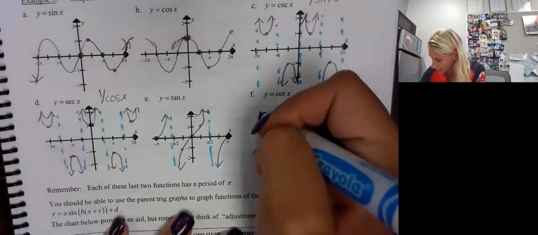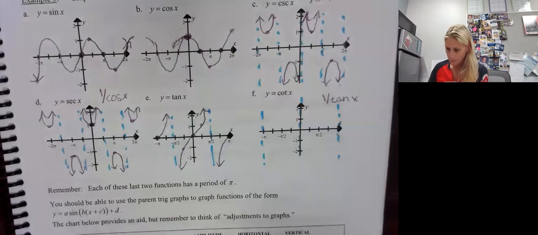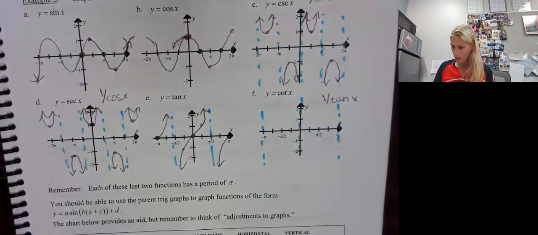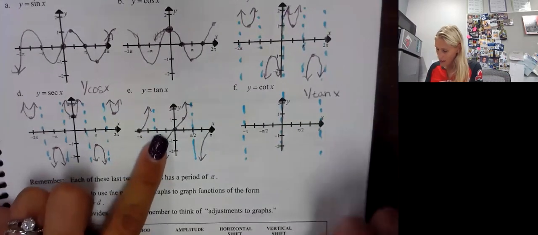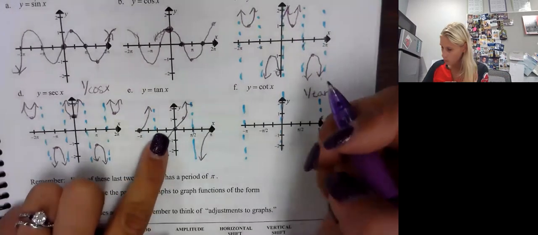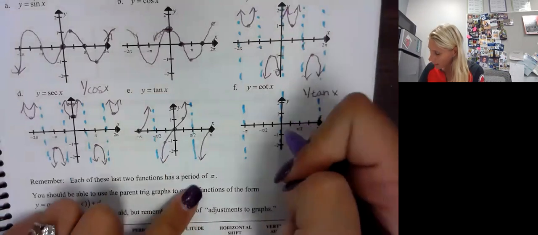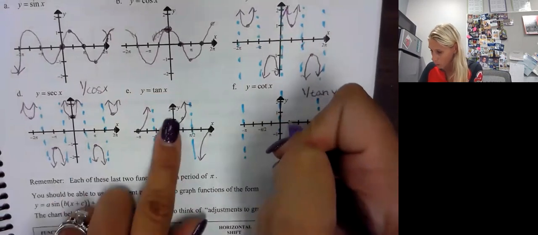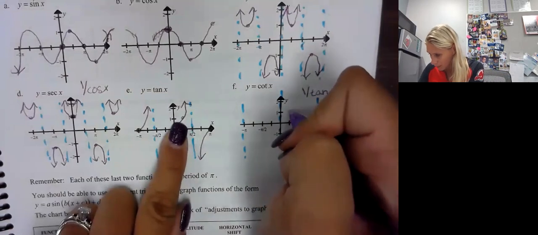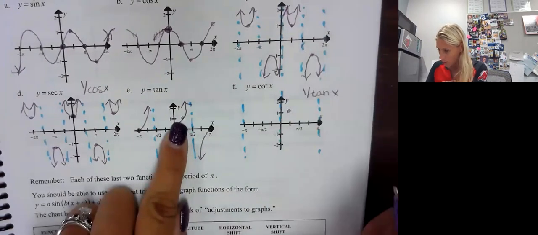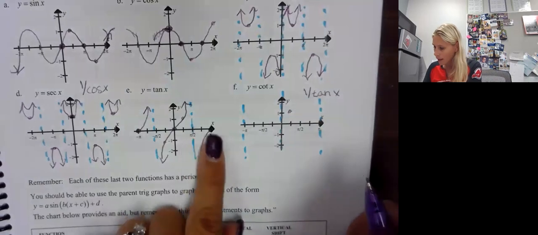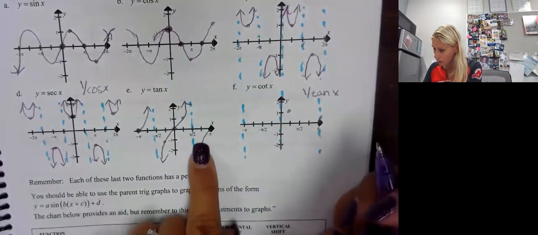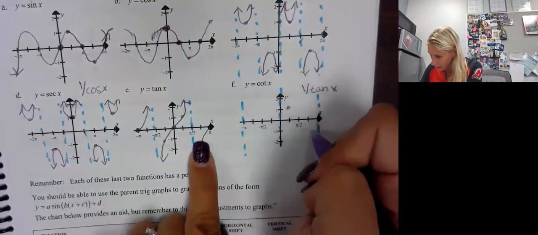It's 0 at negative pi. And where it is at pi over 4, it's 1 here. Well, if you do the reciprocal of that, you still get 1. Okay. If you do the reciprocal of negative 1, it's still negative 1.